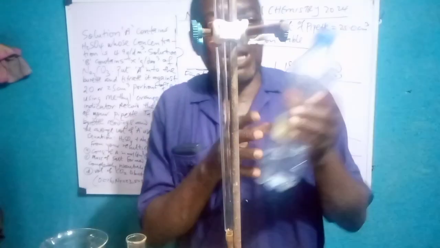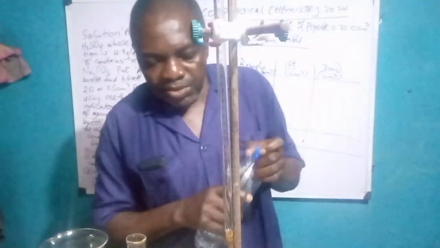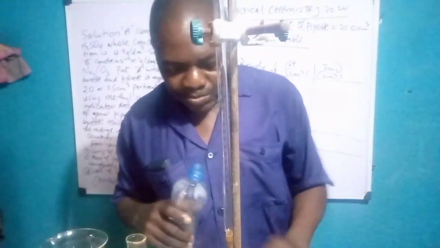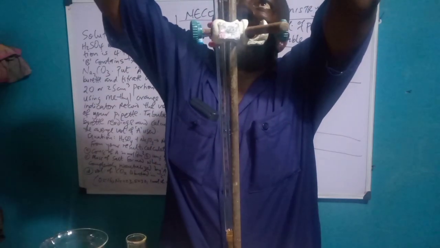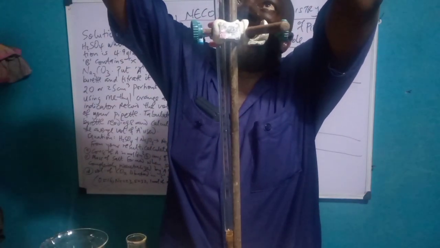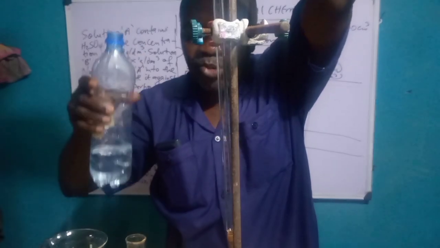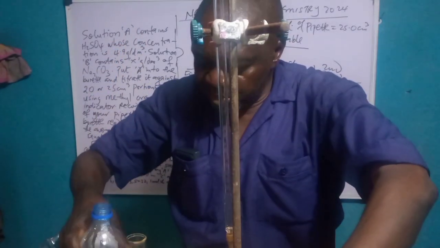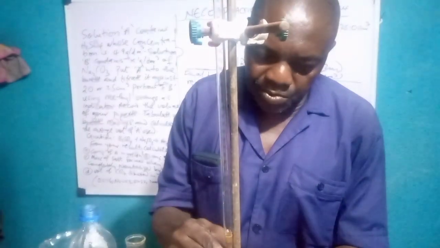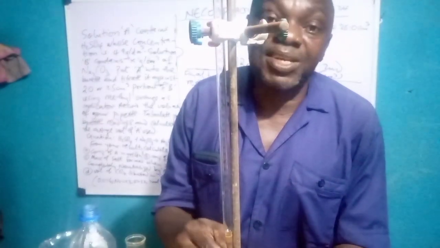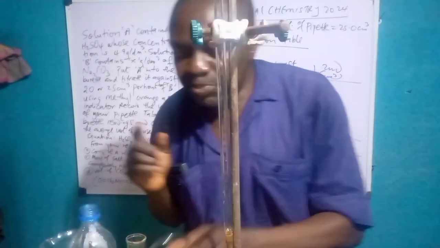So this is solution A. Remember, you are putting the solution into the burette, but I will still rinse it a little. The first precaution, because of those of you that don't know the channel, is to pour in a little and allow it to pass through. By doing this, you have rinsed a clean burette with the solution to be put in it.